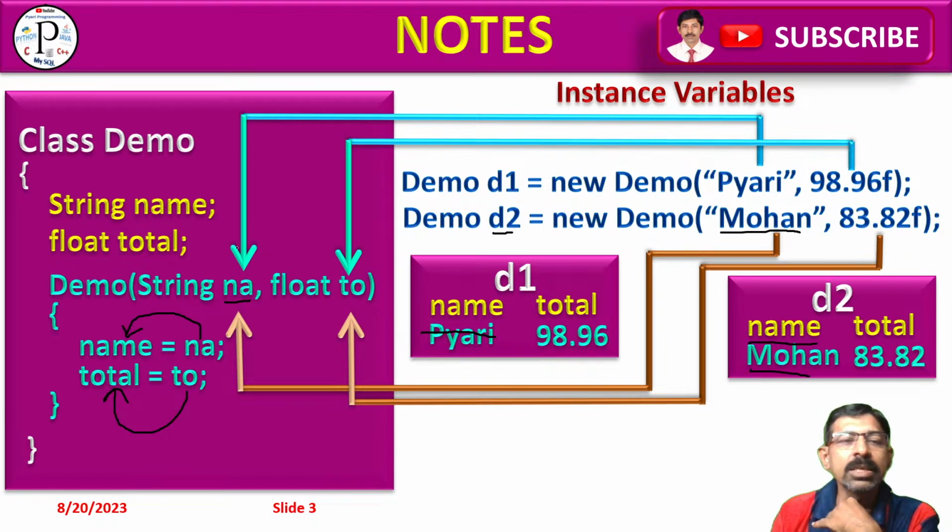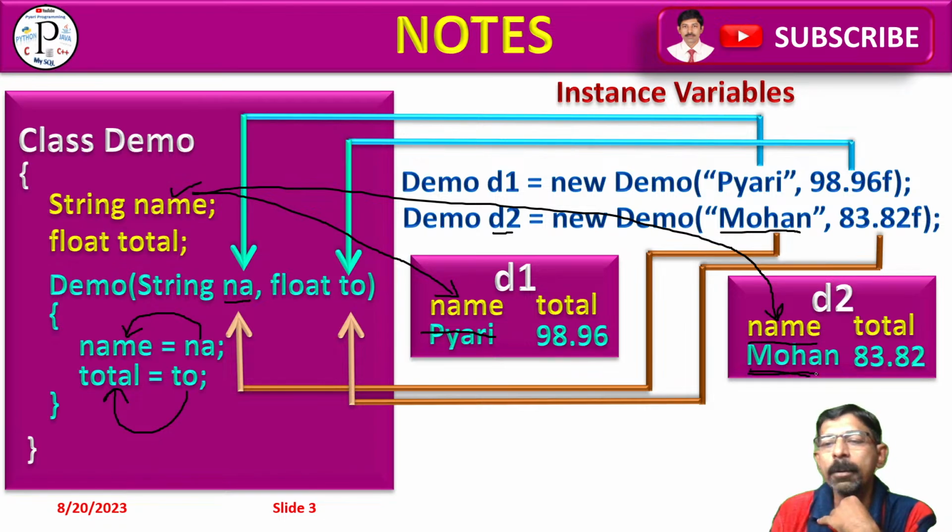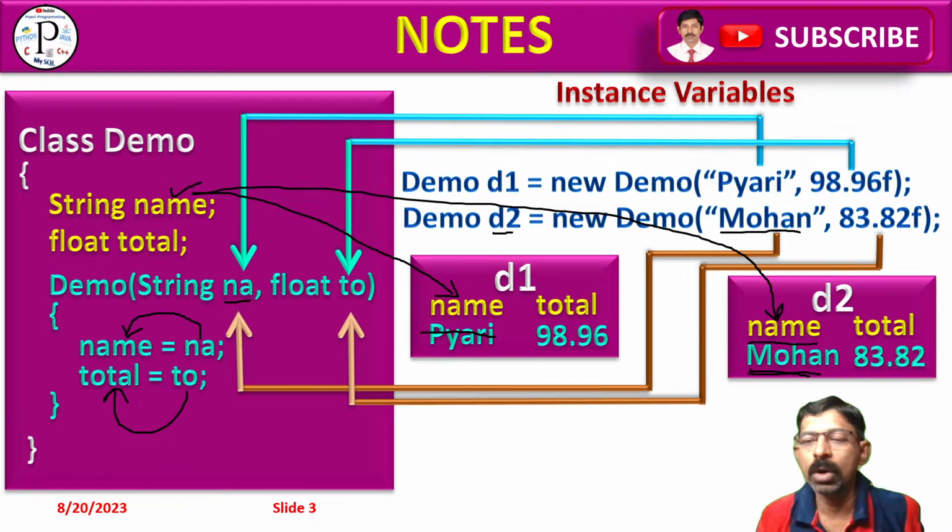Hence it is proof that the instance variables are provided a separate copy: one copy to this one and one more copy to this one. Each object will have a separate copy of the instance variable. Because of that, it is not overwriting Pyari with Mohan. It is keeping Pyari in D1 and Mohan in D2. Now understood after creating the second object?